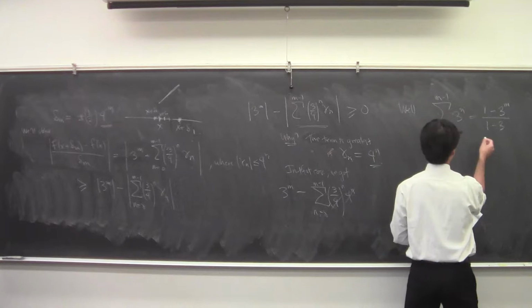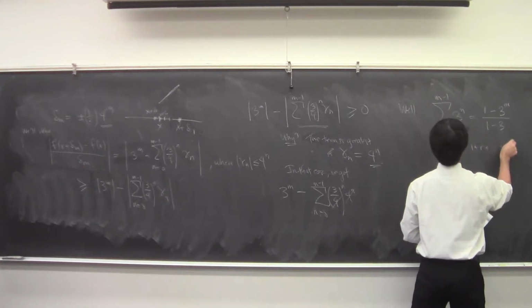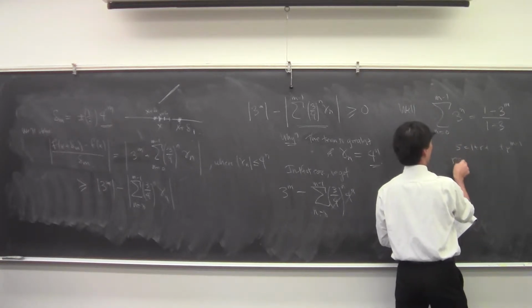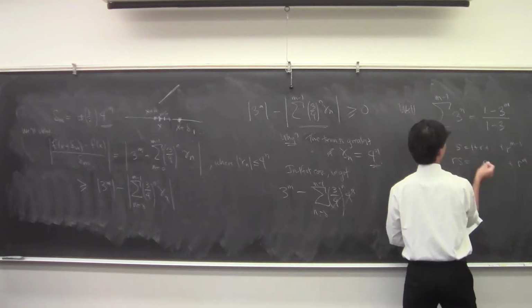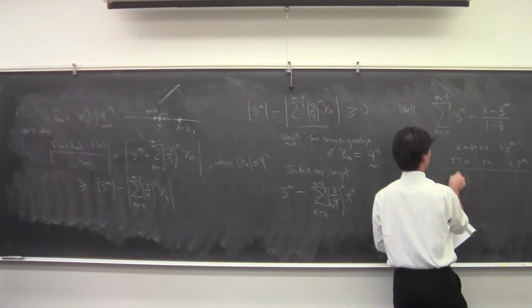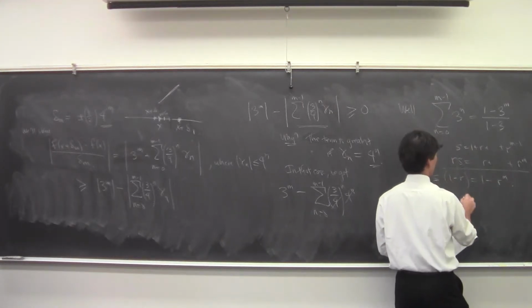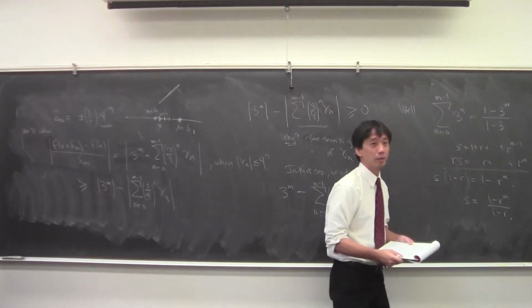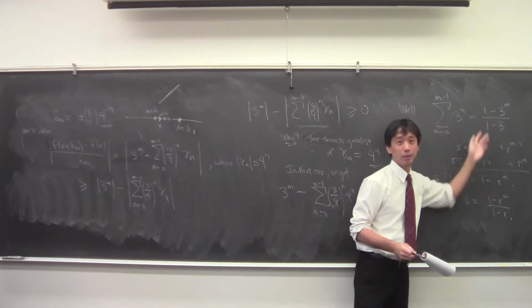Because if you have some geometric series, 1 plus r up to r to the m minus 1, and you multiply that thing by r, you get r plus up to r to the m. You subtract, you get 1 minus r times s equals 1 minus r to the m. So s is 1 minus r to the m over 1 minus r.